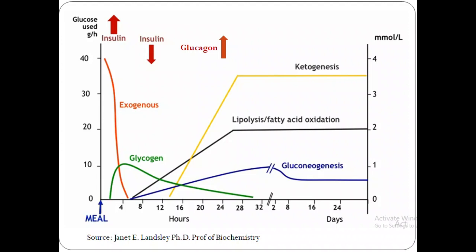This helps spare glucose. So gluconeogenesis begins to drop and is maintained at a constant low level throughout the length of the fast, and this helps spare proteins, since muscle proteins are the main suppliers of substrate for gluconeogenesis.